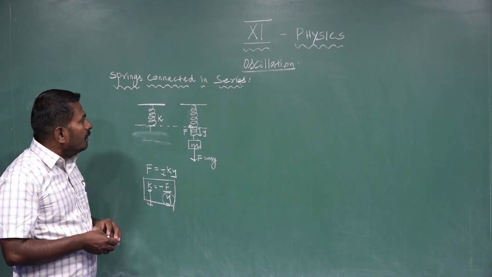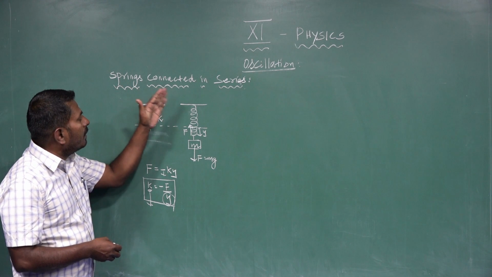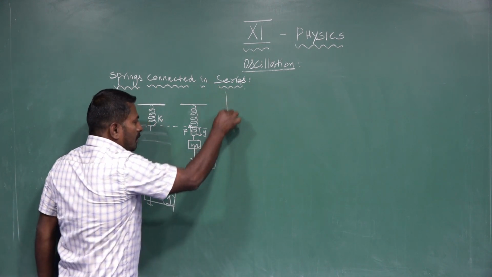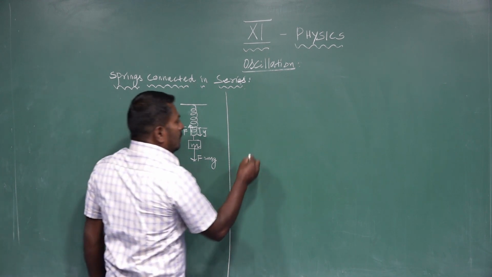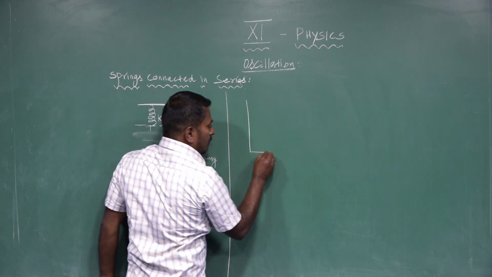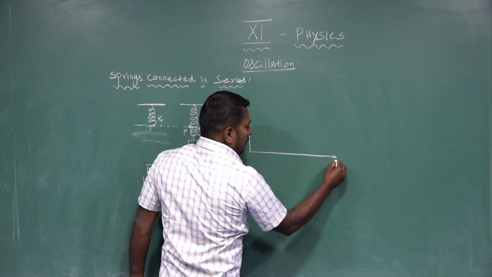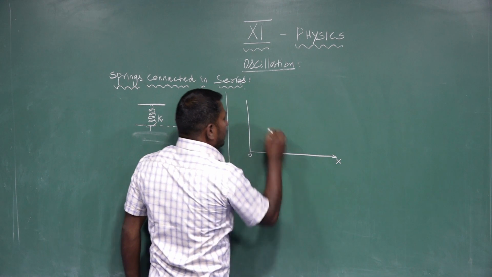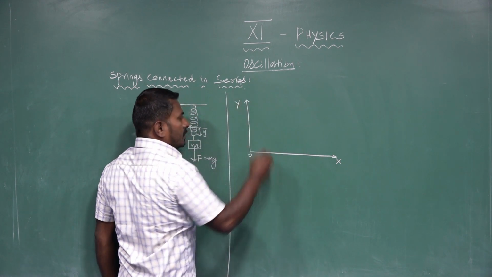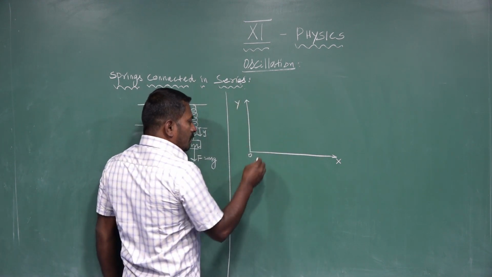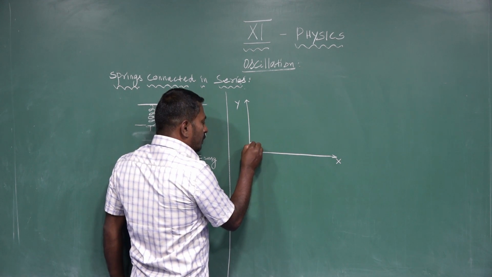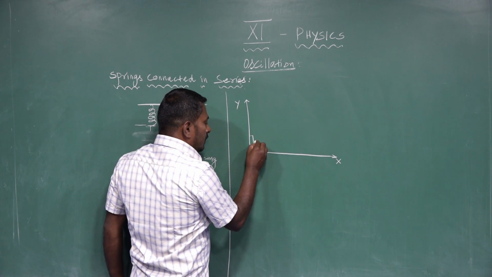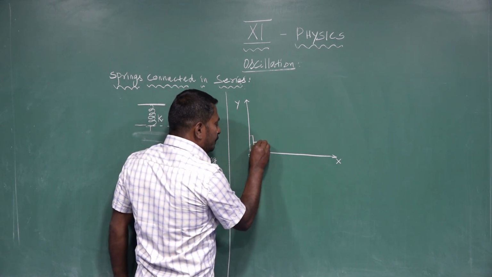But now we are going to see the topic of springs connected in series. This is the origin of the coordinate axes, the x axis and the y axis. It is a rigid support. Take two springs.